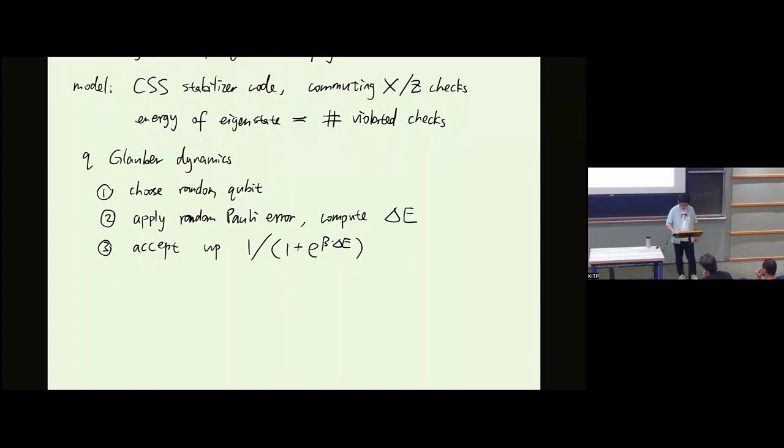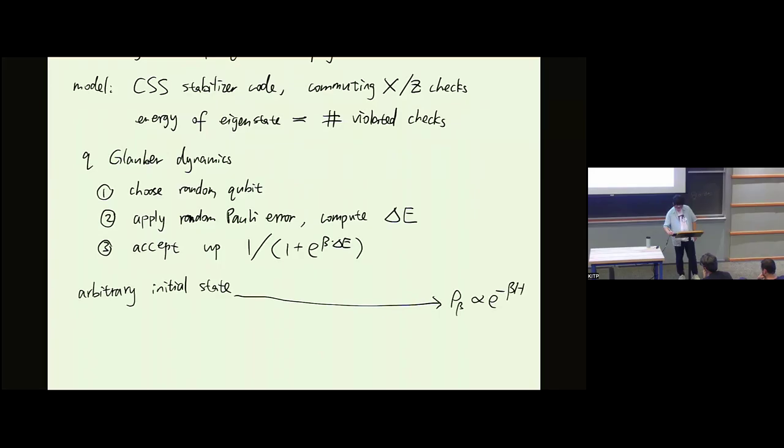Okay, so this is a detailed balanced Markov chain. The definition of mixing time says that no matter where we start from, an arbitrary initial state, it will inevitably converge to the global Gibbs state of the Hamiltonian.